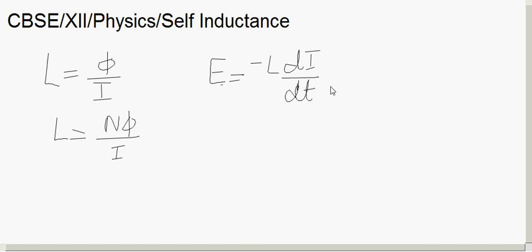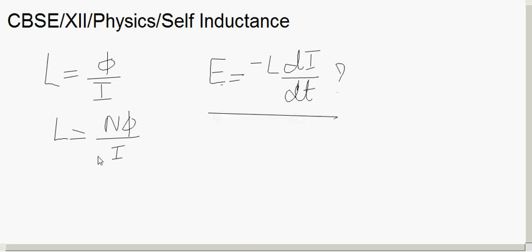How did we get this equation? You can refer to the previous video for all the explanation, like how we got L is n phi by I. That's a basic definition. But how we got E is minus L into di by dt, you can refer to the previous video for all the details. And now I will continue from this equation.